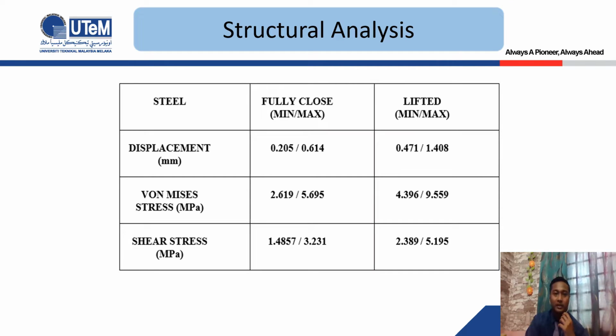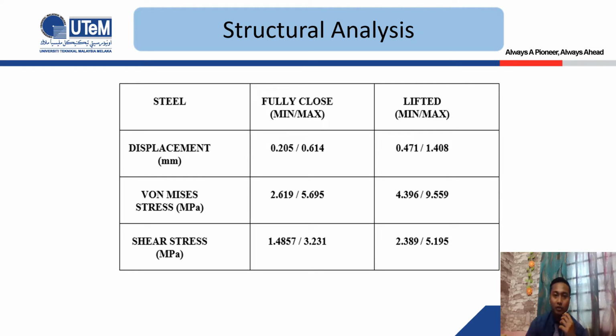After we do the three-dimensional process and structural analysis, now we have the structural analysis result. In this analysis, there are three types of analysis that we take as results, for example, displacement, von Mises stress, and shear stress. In this result also, there are two types of condition, which are fully closed and fully lifted. And this result is for steel material only.